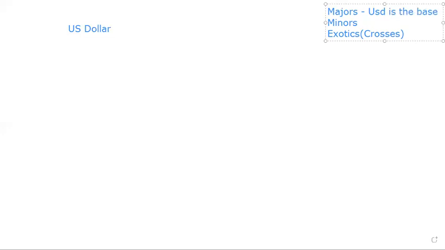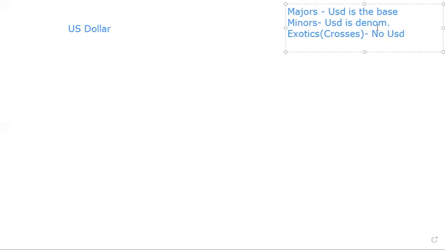The minors are where USD is the denominator. And the exotics or crosses do not contain USD. Examples of exotics are pairs like CAD JPY, which I mentioned the other day.